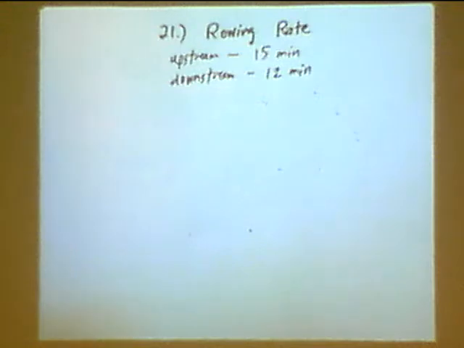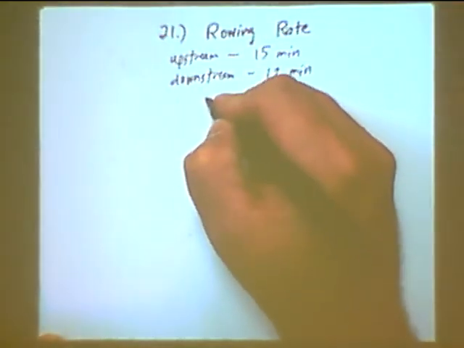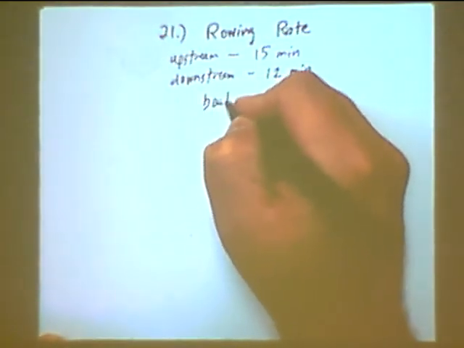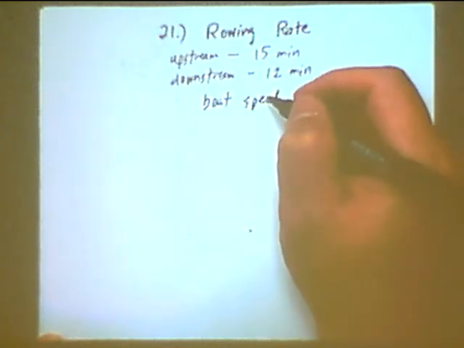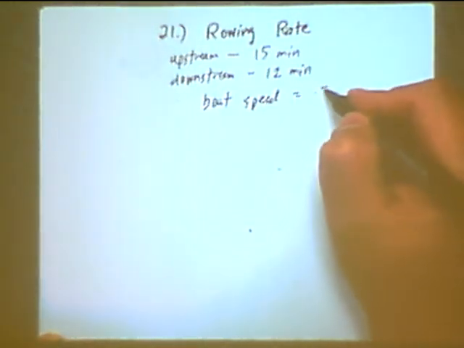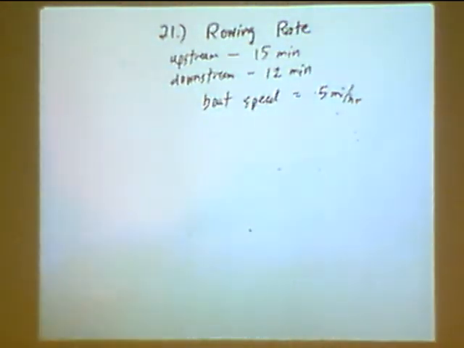Now they say that if he's in a lake or with no current, he can row the boat, I'll call it boat speed, at a rate of 5 miles per hour. So with no current, with perfectly still water, he can row the boat 5 miles per hour.